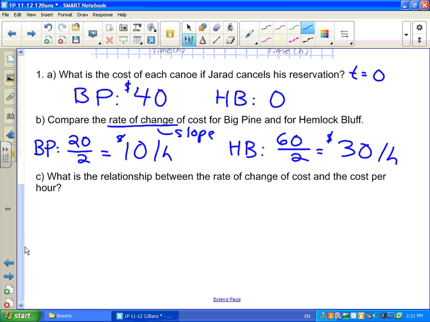And that's what this question here is asking us. What is the relationship between the rate of change of cost and the cost per hour? Well, the rate of change of cost that we got from the graph and the cost per hour that we got from the description are the same.